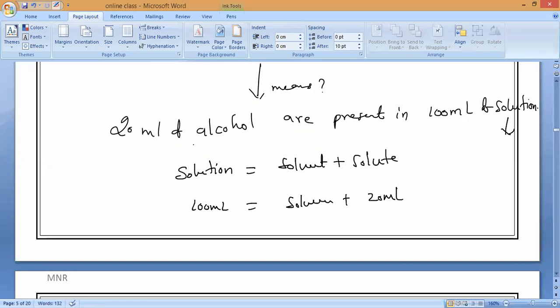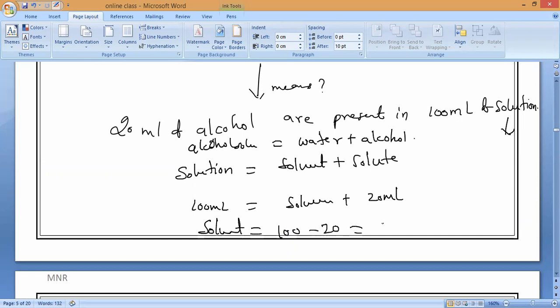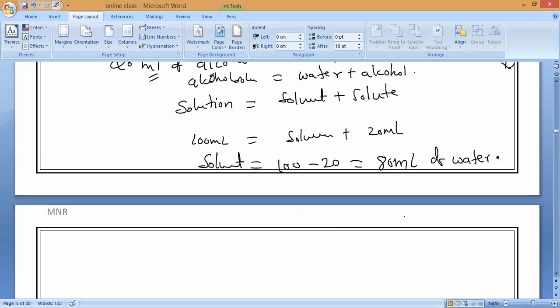If we take an alcohol solution, which is a mixture of water plus alcohol, the solvent is equal to 100 ml minus 20 ml, which equals how much? 80 ml of water. So 20% alcohol means 80 ml of water and 20 ml of alcohol are present for every 100 ml of solution. Yes or no, guys?